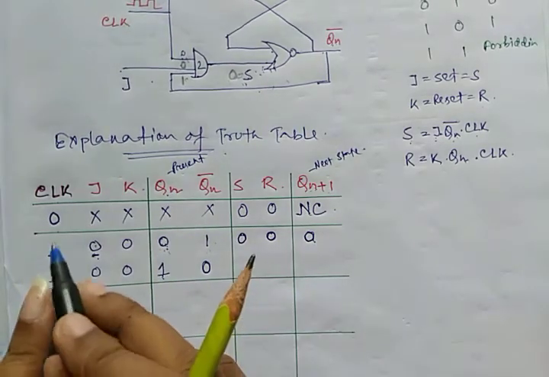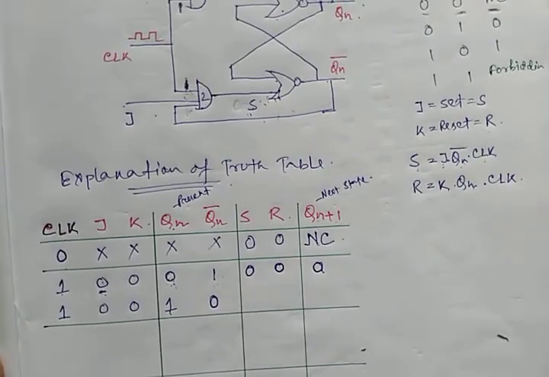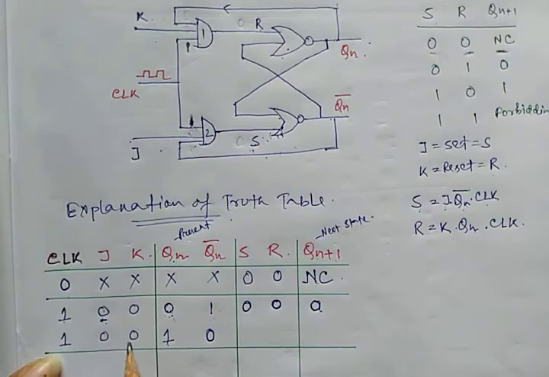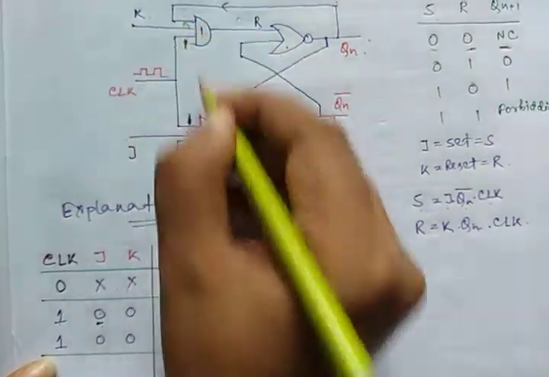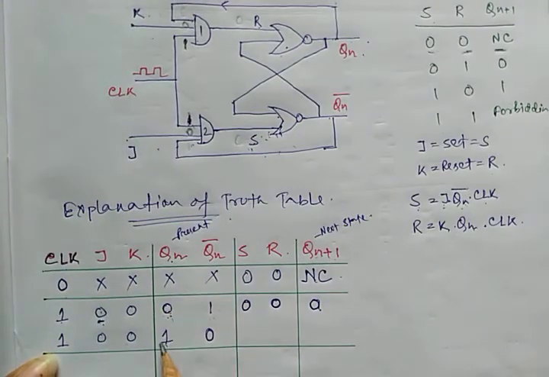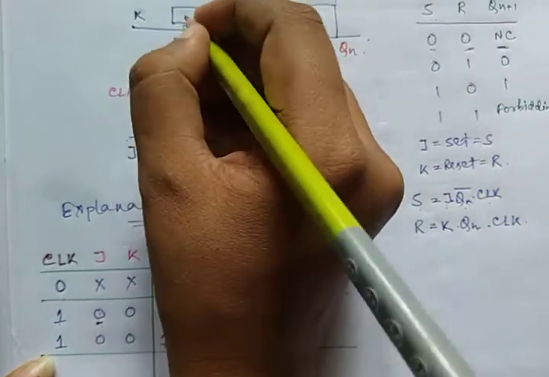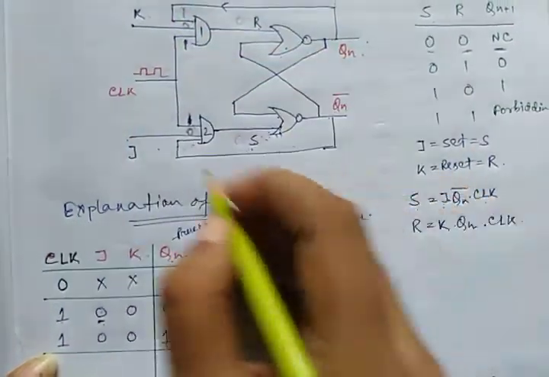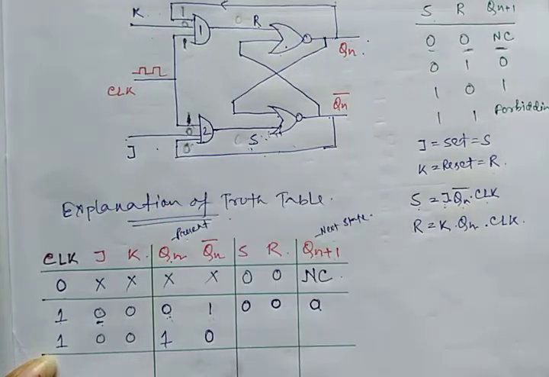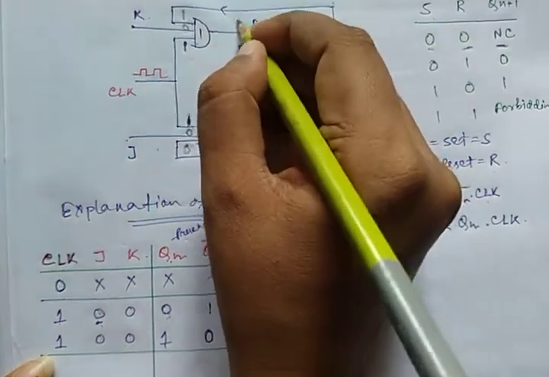So in our next condition, clock is 1, J is 0, K is 0. Qn is 1, Qn bar is 0. Qn goes in the K input, so it is 1. Qn bar goes in the other input, so it is 0.